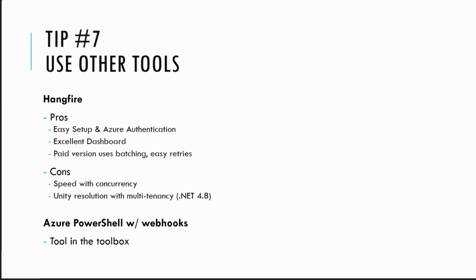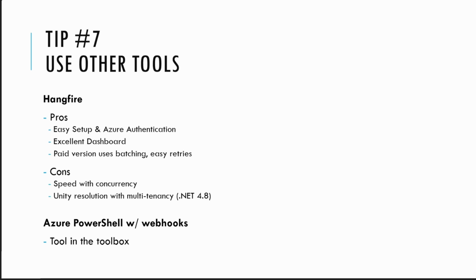So my last tip is use other tools. I love Azure Functions, and it's a tool in your toolbox. With that said, there are other tools that you should have in your toolbox. Azure Functions is not the only game in town. In fact, we've used Hangfire in the past.